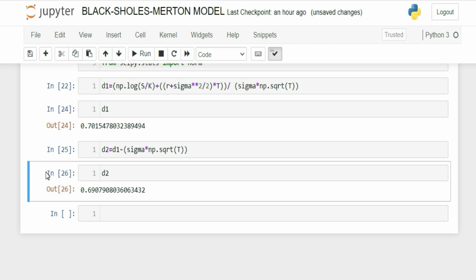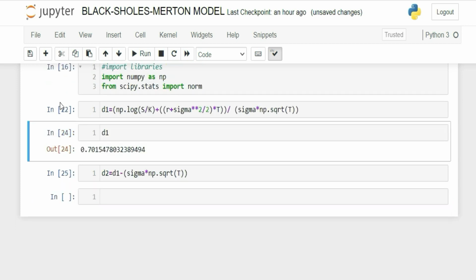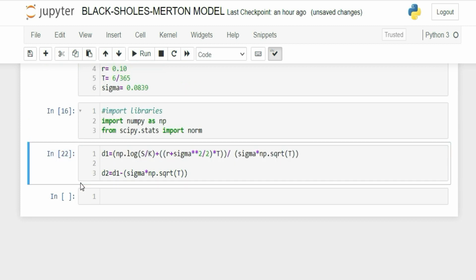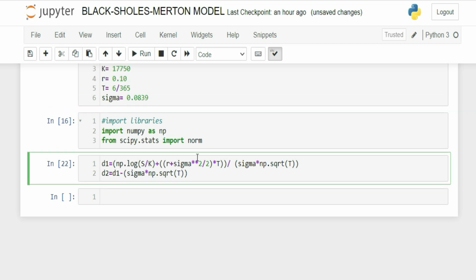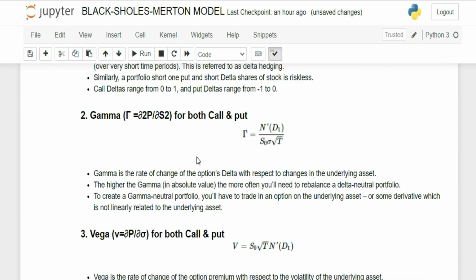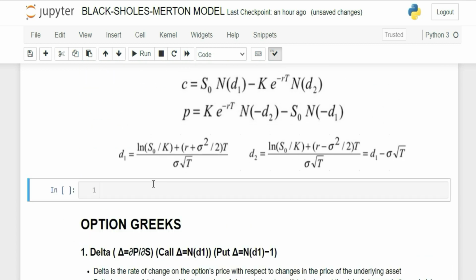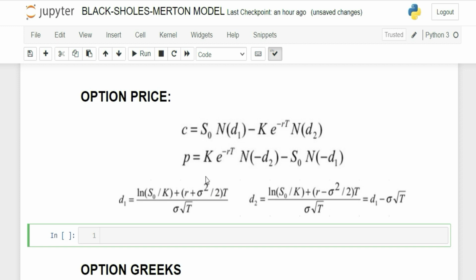So now I will just calculate my call price. Okay, so this is my D1, D2. So let's see the call price here. I'm just inserting one line here. So what is the call price?